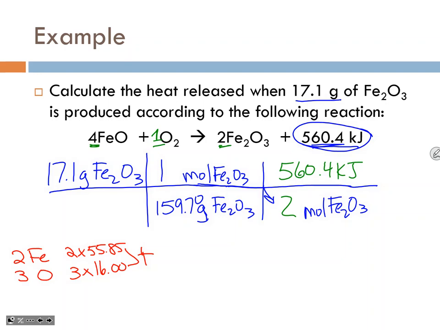So then we have the grams canceling and the moles canceling. And now we're going to end up with our kilojoules, which is what we want because we want the heat that's being released. So what do we get for our kilojoules? If 17.1 grams of the rust is produced, how many kilojoules are actually released in that process?